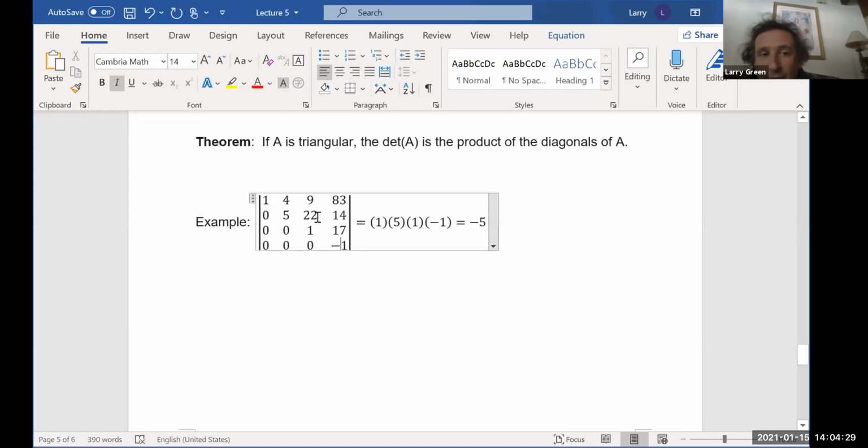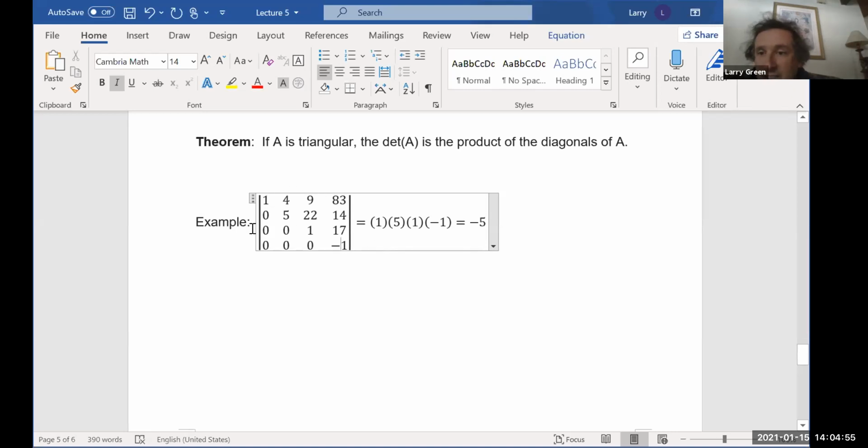So we just have -1 times the determinant of the 3 by 3. But now we can use mathematical induction and say we're done. If it was 20 by 20, then the very last row, you just grab that number, multiply by the determinant of the 19 by 19, but the 19 by 19 would be a triangular matrix.